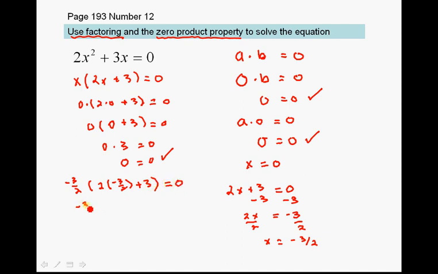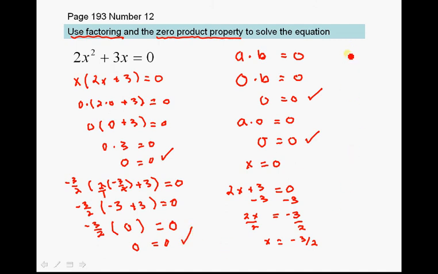Well, we'll make the 2 a fraction, 2 over 1, and the 2's cancel out, and we've got 1 times -3, which is just -3. -3 plus 3 equals 0. You combine them and you get 0. Look at that. The factor became 0. 0 times -3/2 is just going to be 0. 0 equals 0. It checks out.